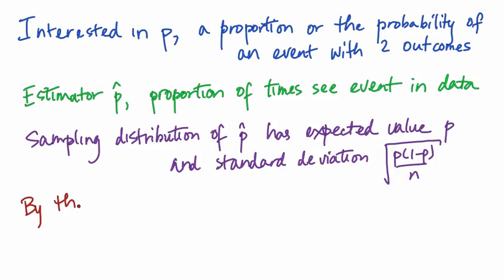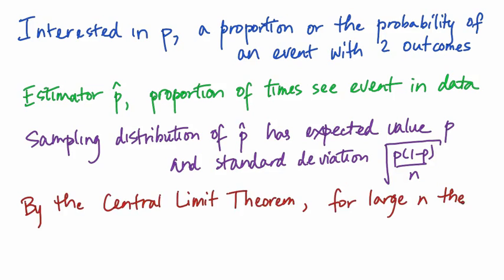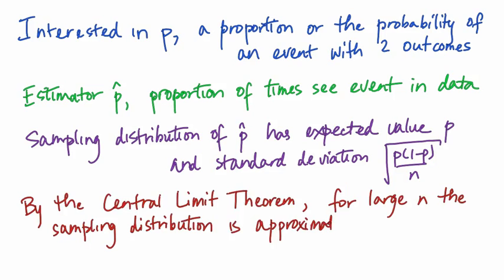So for large sample sizes, a good estimate for the sampling distribution of p hat is the normal distribution with mean p and variance p times 1 minus p over n. We've looked a lot at the case where p equals 0.5, which gives us a nice symmetric sampling distribution. When p is further from 0.5, say closer to 0 or to 1, we need a sample size that's much larger before the normal distribution is a good approximation based on the central limit theorem.